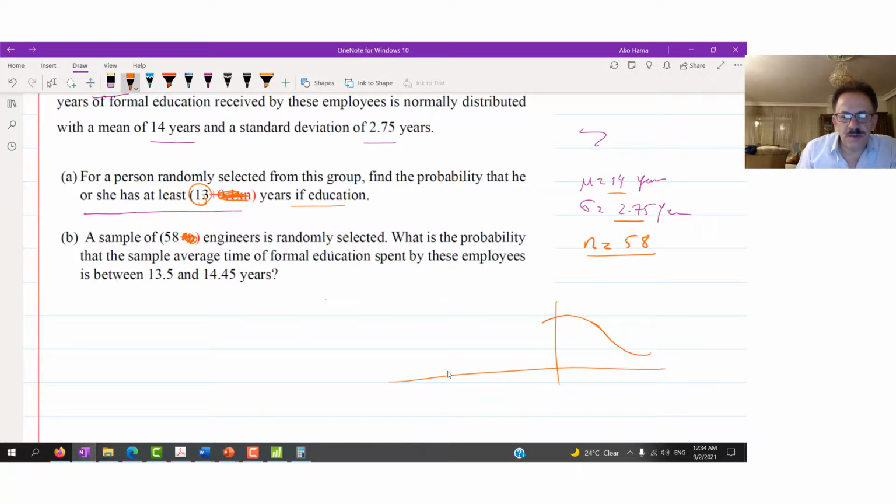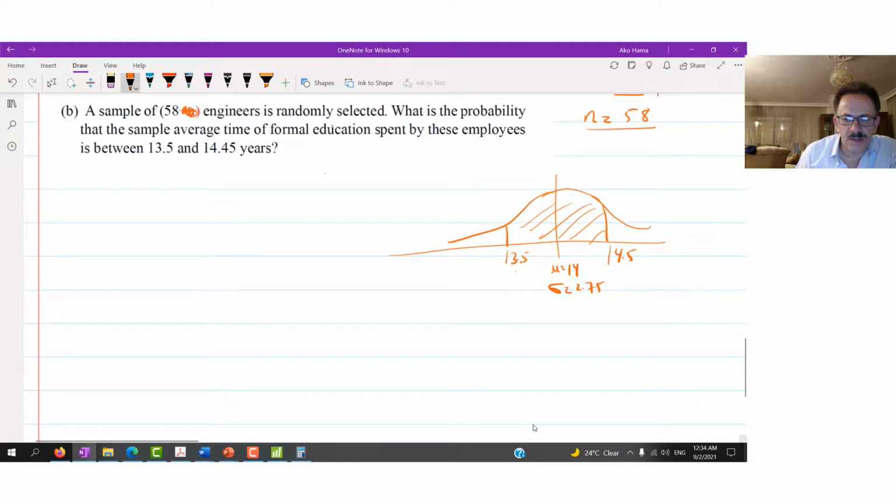Now what is required? The required is to find the average of the engineering sample that has between 13.5 and 14.5, and remember the mean is 14 and the standard deviation is 2.75. So the area is required here.